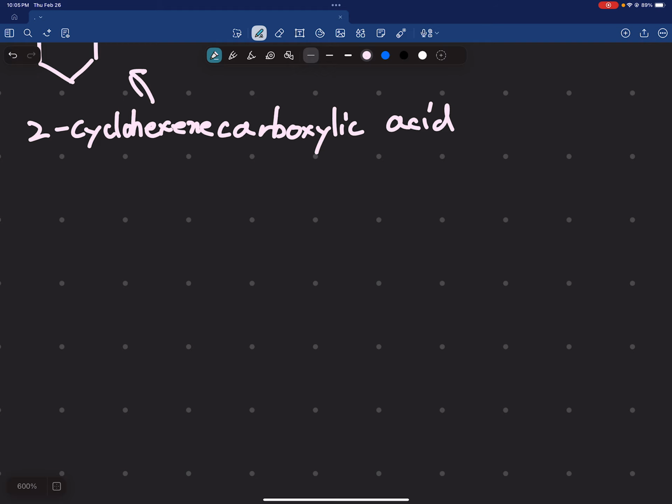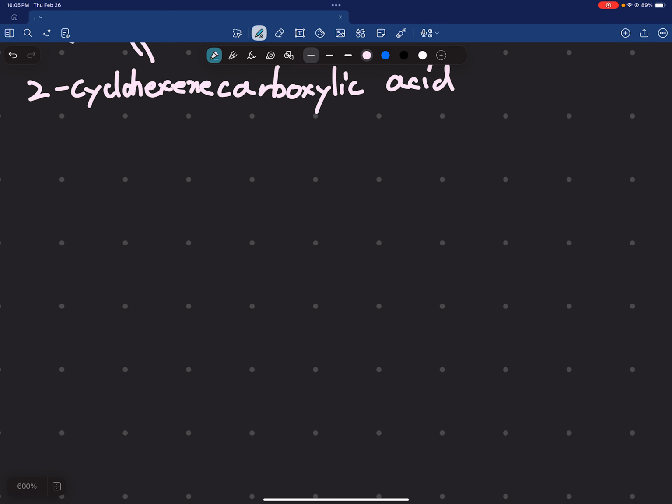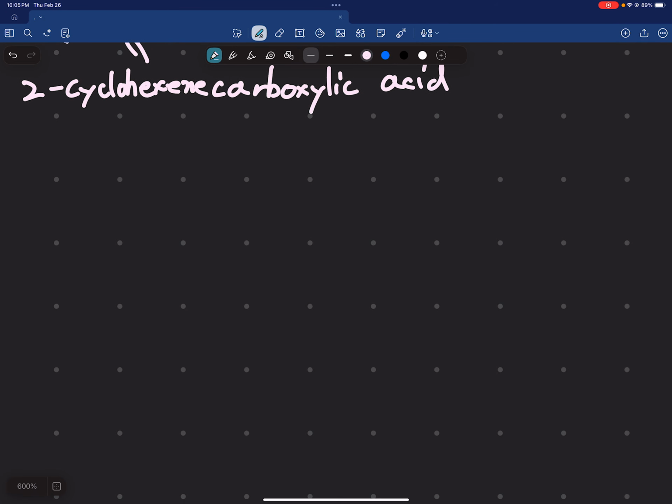Let's go over some other stuff. Benzoic acid is the simplest aromatic carboxylic acid. There are some derivatives of benzoic acid that you might want to know. Numbers will be used to show the location of substituents relative to the carboxyl group. So benzoic acid will look like this.